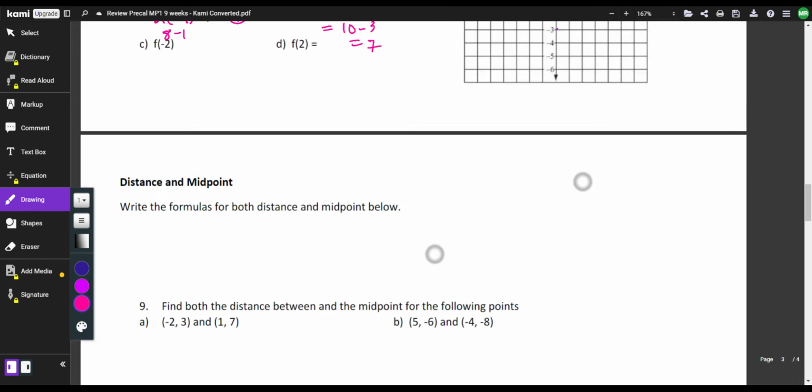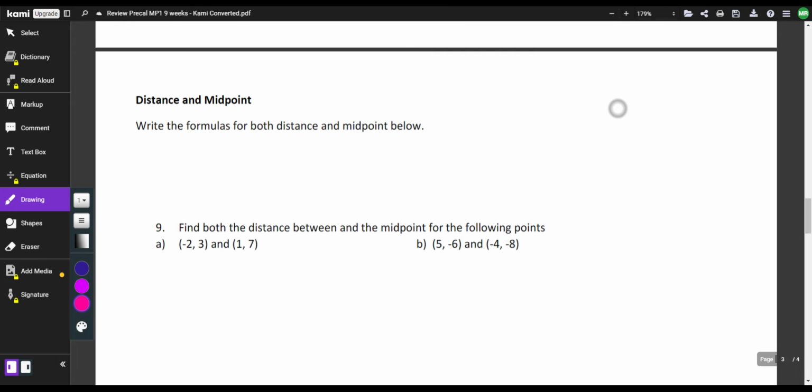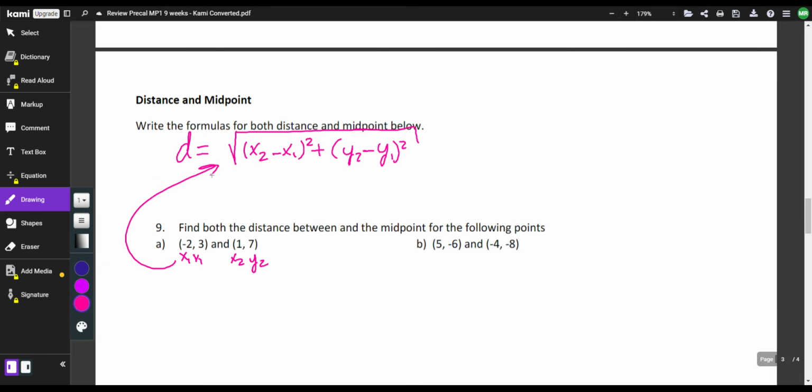Now these two, I'm just going to give you the formulas. There are two formulas that we need to remember. The distance formula: d equals the square root of (x2 minus x1) squared plus (y2 minus y1) squared. All you really need to do is take x1 and y1, x2 and y2, and plug them into the equation.